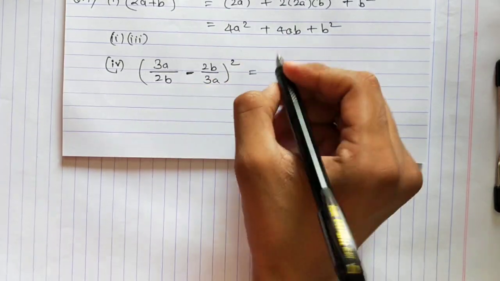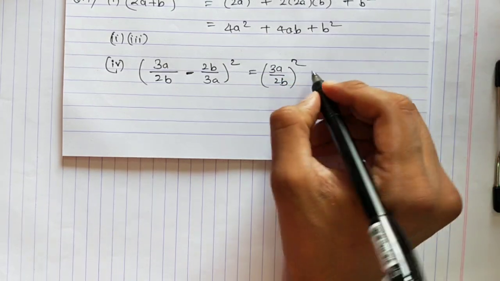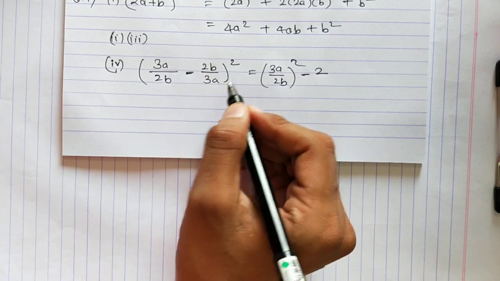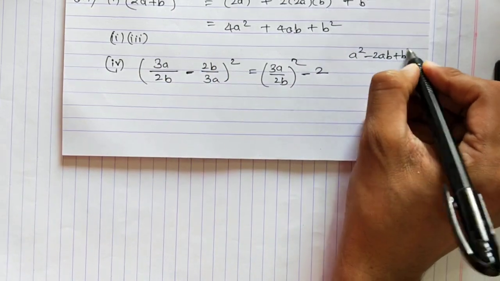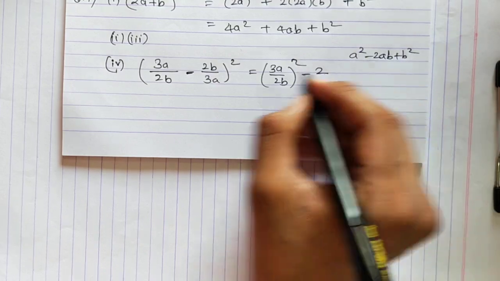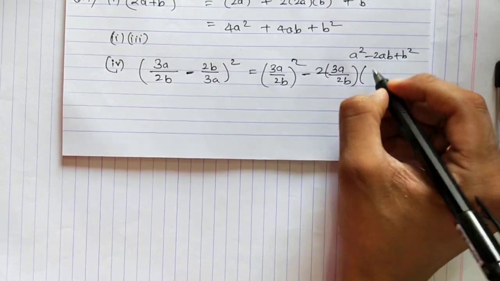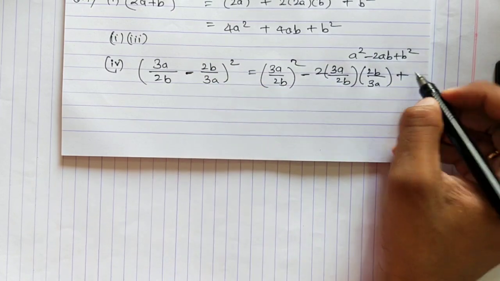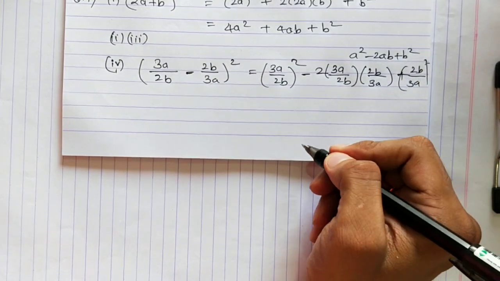So a square means 3a upon 2b the whole square minus 2ab. ab means first term and second term. The formula is a square minus 2ab plus b square. So a is the first term, b is the second term. So here, 2 into first term into second term, plus b square, 2b upon 3a the whole square.